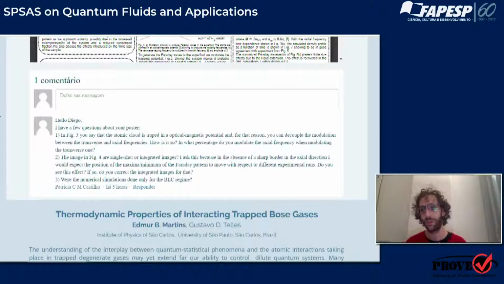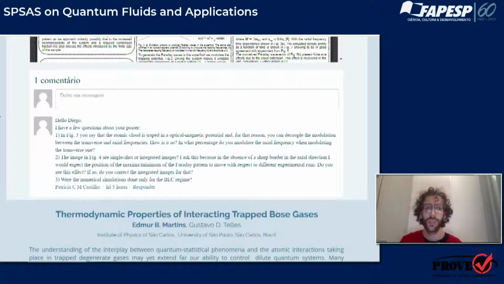So basically, we can change it by a small fraction. In our case, we modulated up to 10% the radial confinement. That is basically, we don't change the axial one, by at least 1 order of magnitude less.